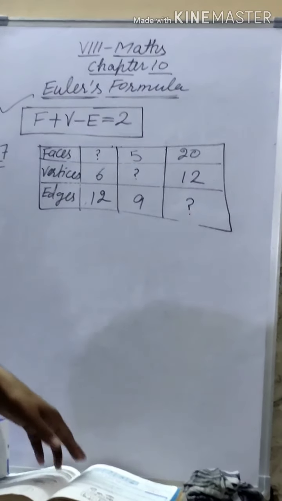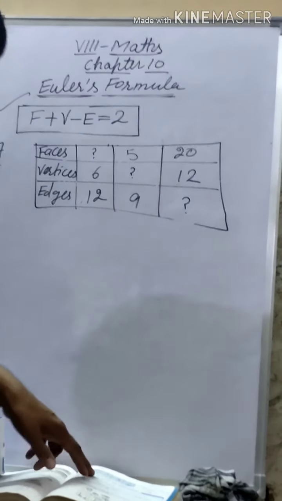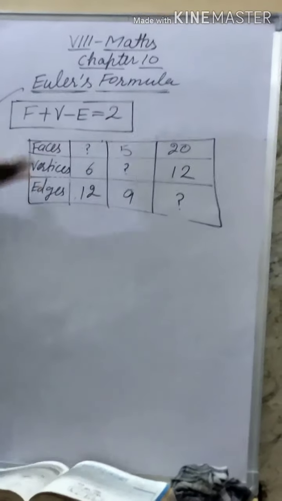The question is, using Euler's formula find the unknown in this table. First understand what is given. So my students, first understand it in this way: you understand this vertically. When you understand vertically, then it is clear. There are three parts, first part, second part, third part.